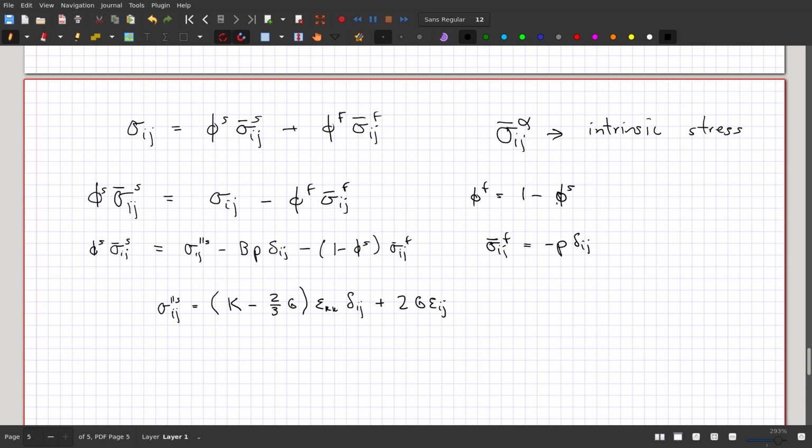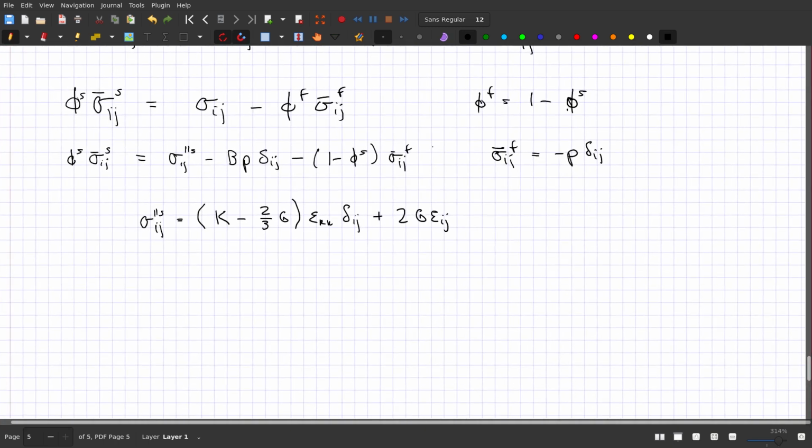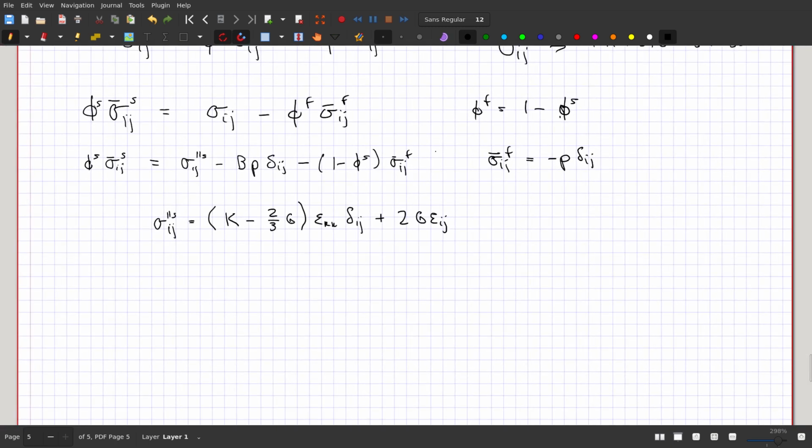Where, okay, so now we're talking about small strains. So this is a small strain tensor, and G is the shear modulus, and K is the bulk modulus. All right. So now we're going to plug that in and this into that equation. We're going to plug it in. So I don't know, I'll call this star and star star.